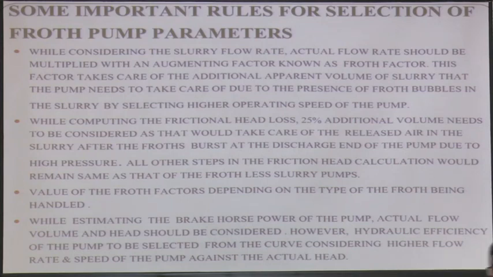Somebody asked me in the morning what will happen if there is air and slurry transportation together. So I said that I will come to that. You made this question. Now you understand what is happening. You understand?